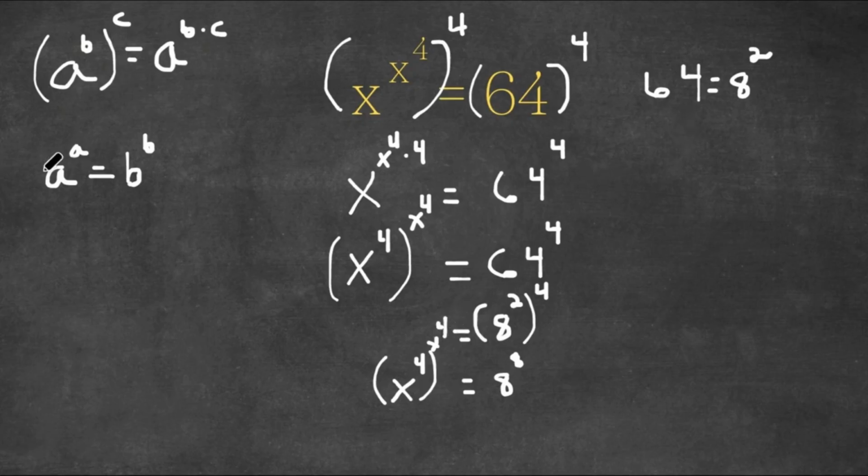Now we can say that if a to the power of a equals b to the power of b, a equals b, right? So if x to the power of 4 to the x to the power of 4 equals 8 to the power of 8, then we know that x to the power of 4 equals 8. Now we want to cancel this fourth power here, so we're going to take the fourth root of both sides.